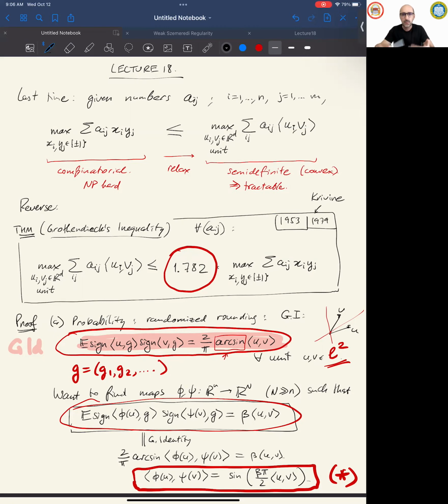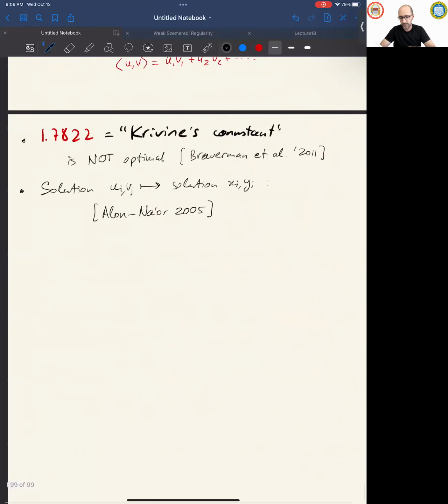But then he was increasingly interested in very deep questions, and he was trying to prove the existence of a basis in a Banach space, which was a very famous open problem.